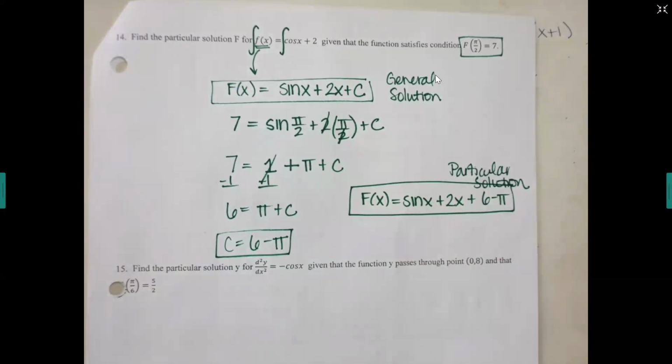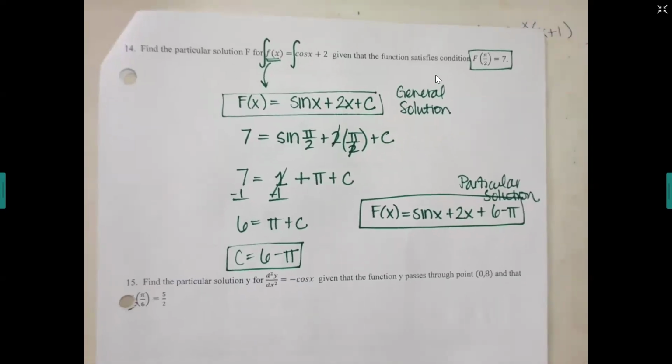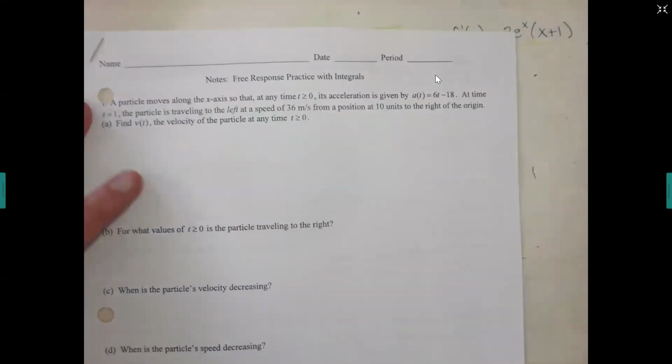Okay, so what we're going to do is the exact same stuff that we were doing before we learned how to do an antiderivative. That deals with particle motion, position, velocity, and acceleration. So at the top of your paper, I want you to put PVA.